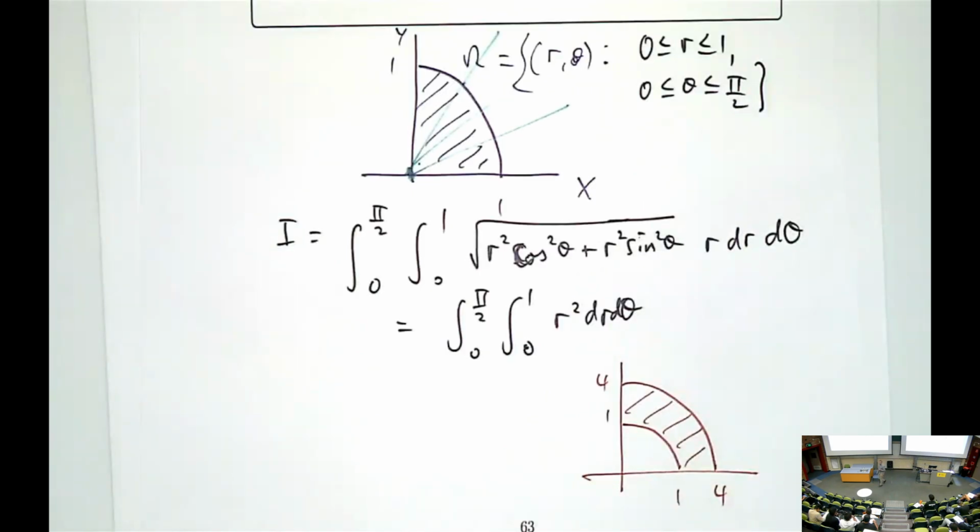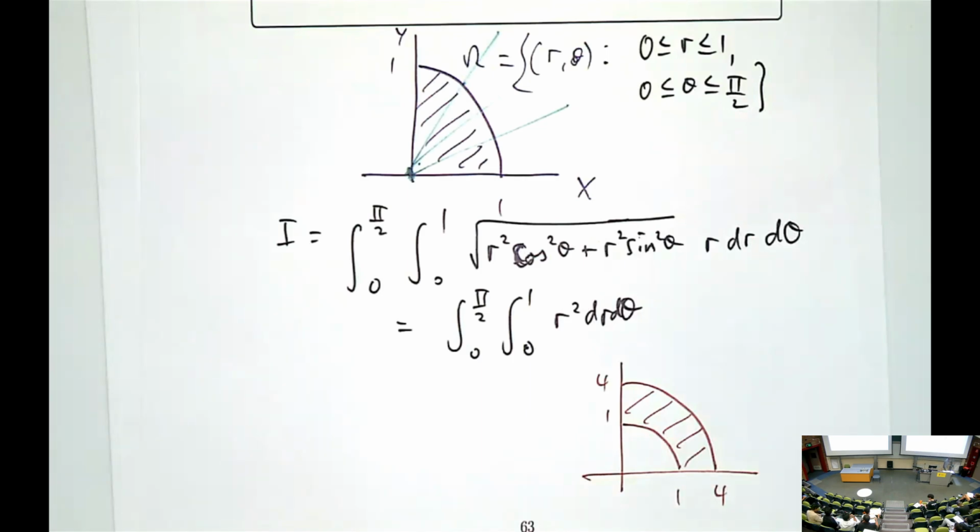Who can tell me? It'd just be r between 1 and 4 rather than 0 and 4. And theta between 0 and pi on 2. Yeah, exactly. So now we've got a region that is a little bit more complicated, but not much.